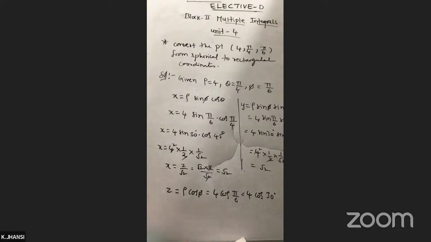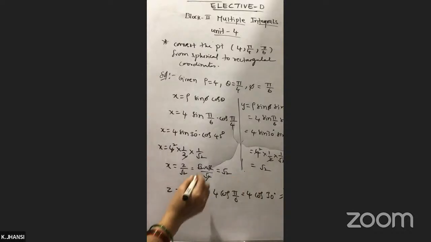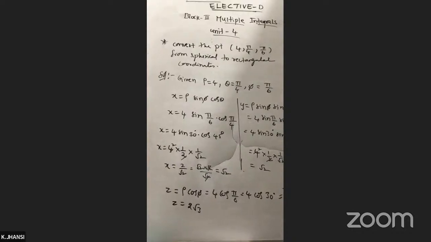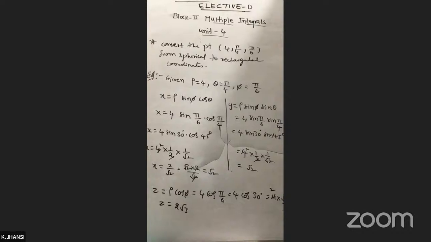So z equals 4 into root 3 by 2, which is 2 root 3. Okay, so z is equal to 2 root 3.